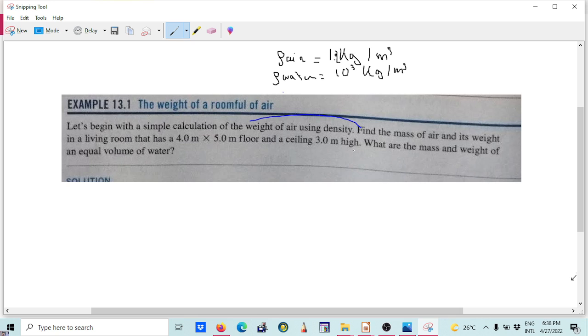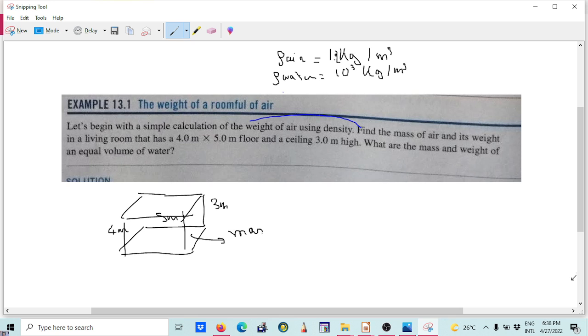So you have a living room, and it's 4 meters by 5 meters, and the ceiling is at 3 meters. So that's your room here. Okay, and what do they want to know? The mass of air. Okay, so that's easy.